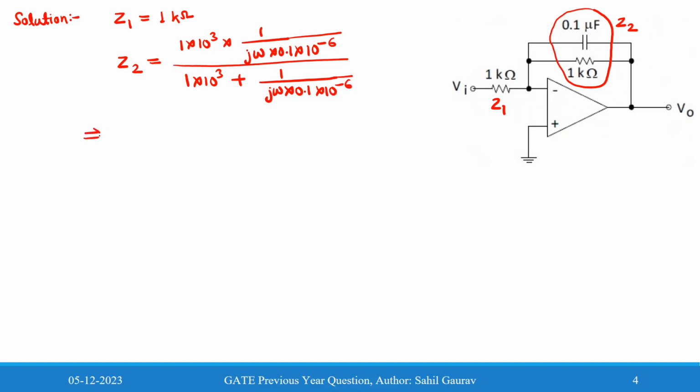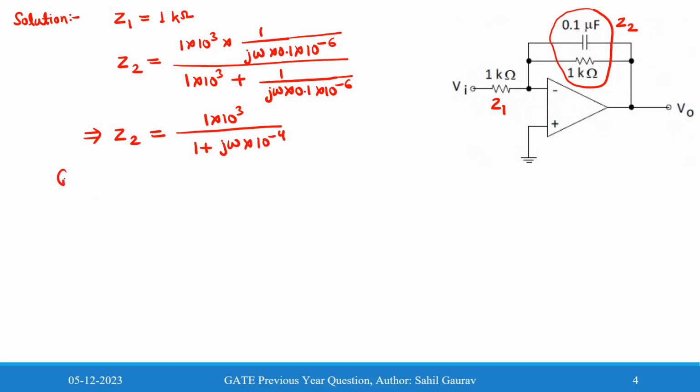Now on simplifying this you will get 1 × 10 to the power 3 divided by 1 plus jω × 10 to the power minus 4.